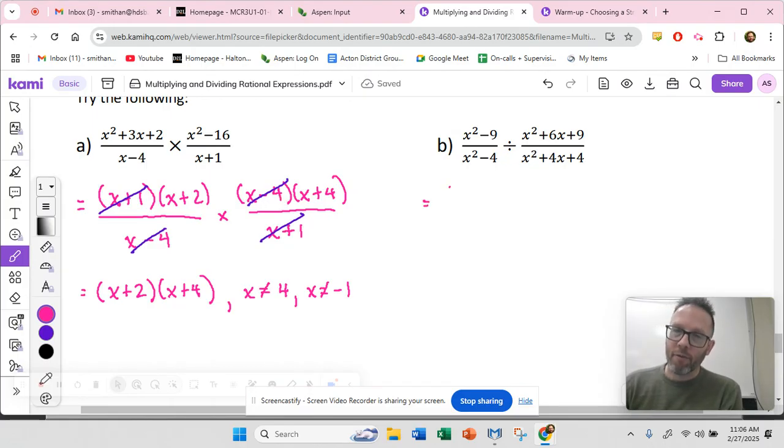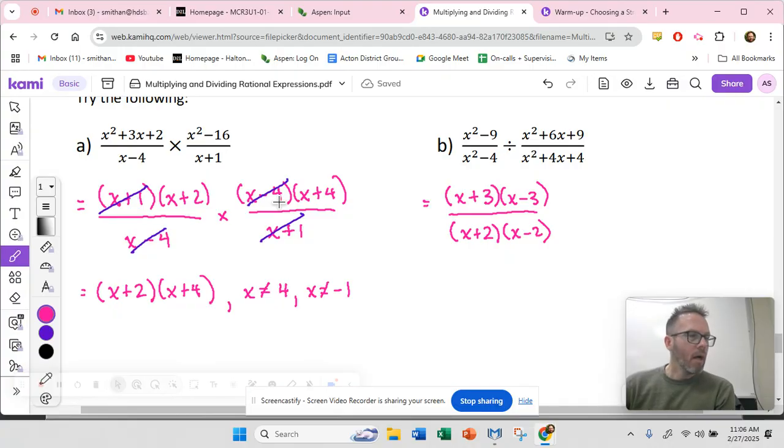Let's just dive in. X squared minus 9, difference of squares. I'm going to be moving through these a bit faster since we've reviewed these and you did these in grade 10. Bottom, difference of squares. I'll keep it division. So top right, perfect square trinomial.